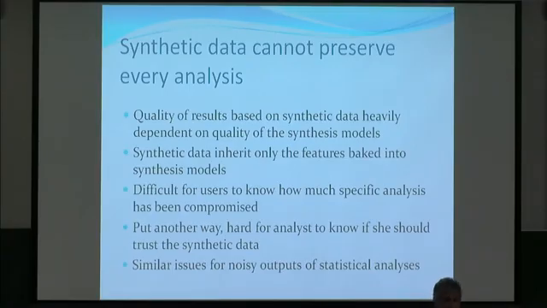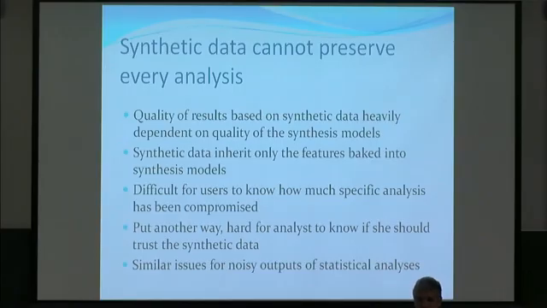And by the way, I think a similar issue applies for noisy statistical outputs. For example, Adam presented a bunch of really cool techniques for convex optimization under differential privacy. But how do we know whether the model that we've put down is any good or not? We can compute it in a differentially private manner, but it may be a lousy fit to the data.